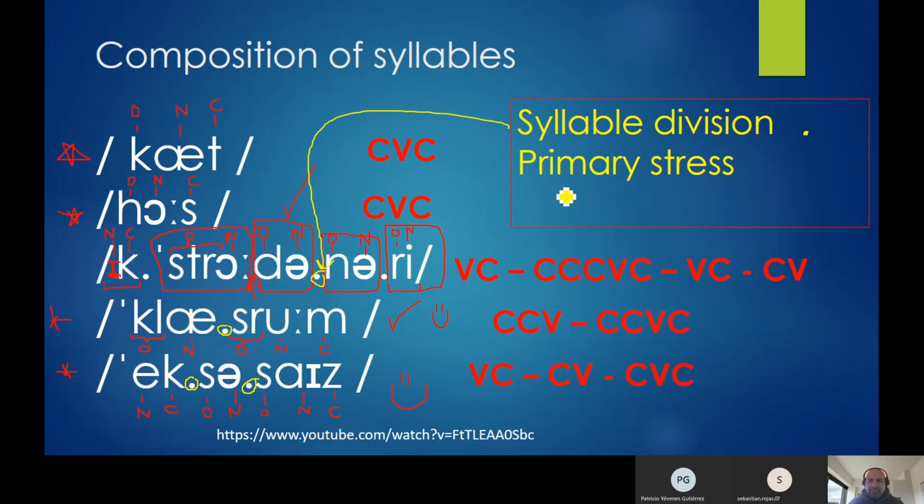And the concept of primary stress is shown with these strokes: extraordinary, classroom, exercise. Primary stress is shown with a stroke at the beginning of the syllable. If you see extraordinary, the stroke is placed right before the syllable, not after.